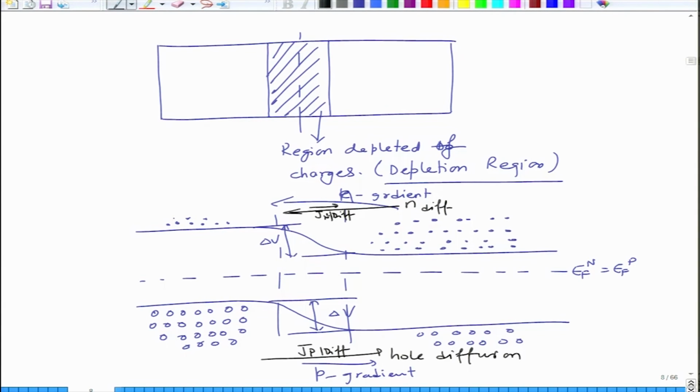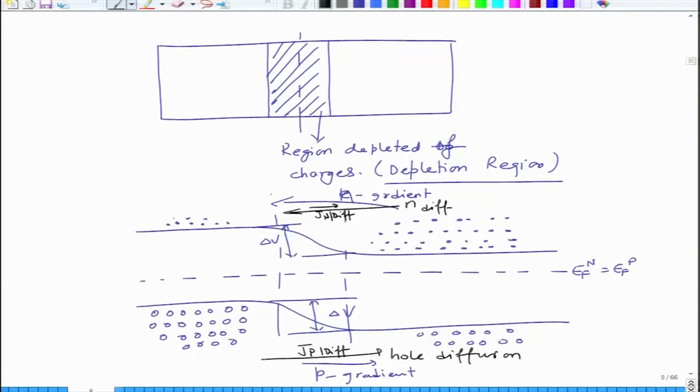Counteracting these you have J N drift and J P drift. This is because of the electric field set up inside at the junction. These two cancel each other, as a result you have 0 hole current and 0 electron current, so total 0 current in the semiconductor device when you do not apply an external field.